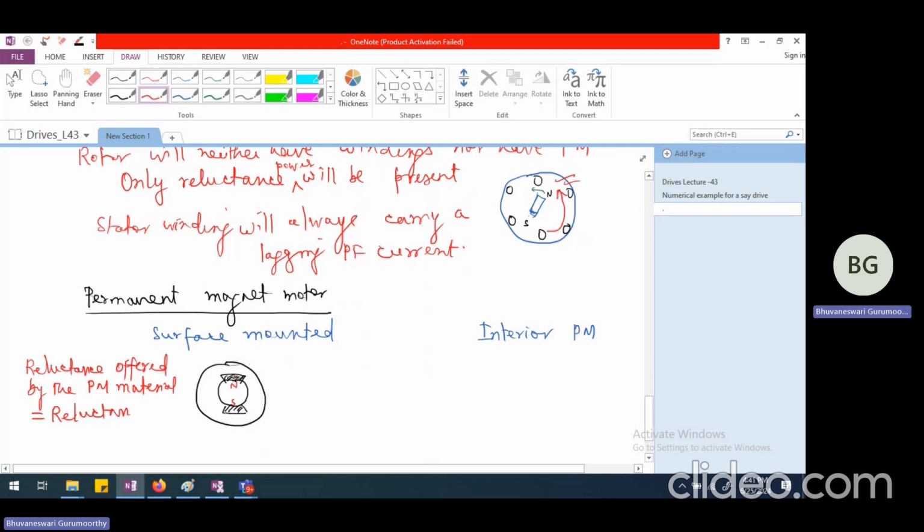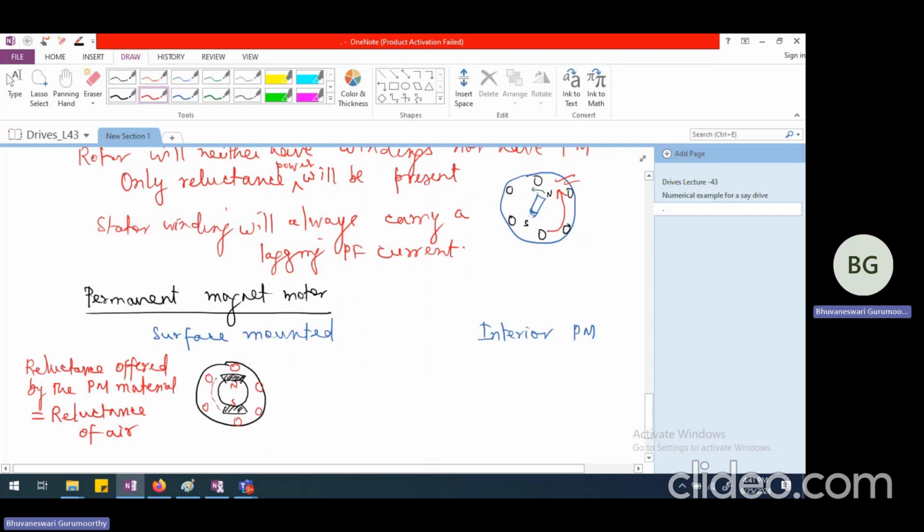The permeability of air will be the same as the permeability of this permanent magnet. So if I am going to have the windings here, this is A phase, this is B phase, and this is C phase winding.